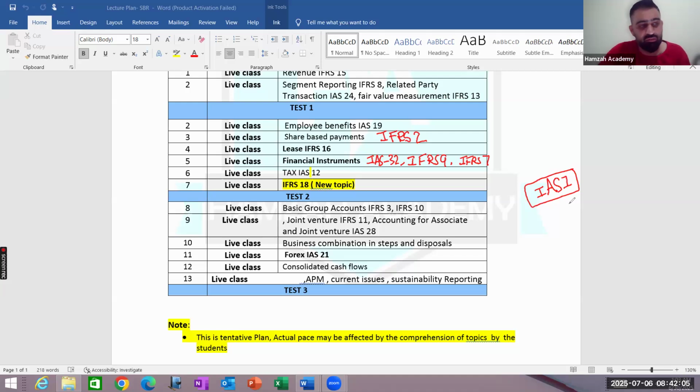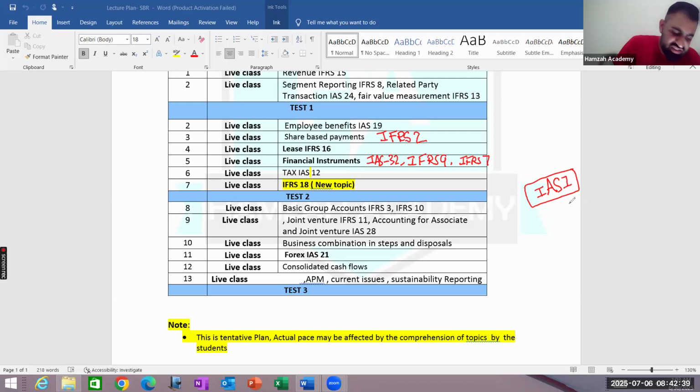IAS 1 was the accounting standard which covered how to prepare the financial statements, how to prepare the profit and loss account and other comprehensive income, how to prepare the statement of financial position, what is a current asset, what is a non-current asset, what is a current liability, what is a non-current liability. All these issues were covered in IAS 1.